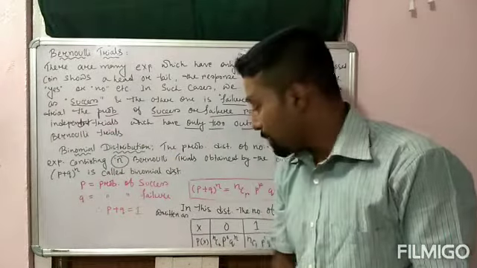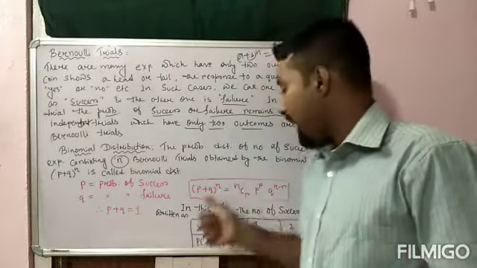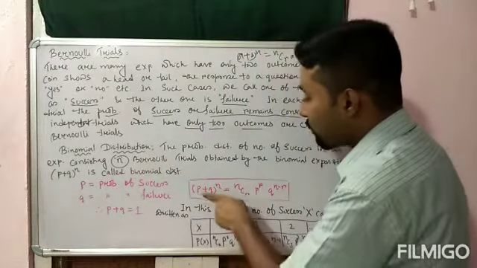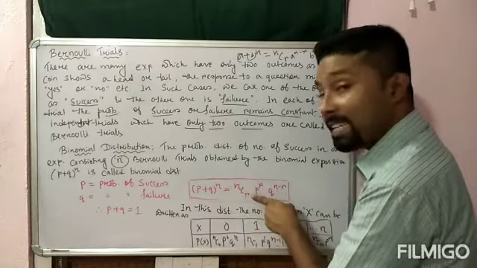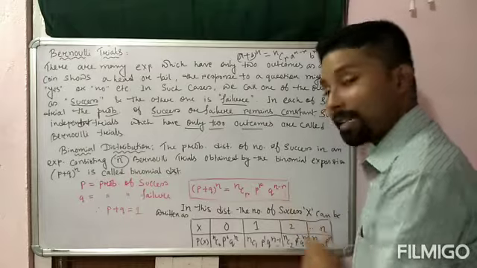The expansion formula for (p plus q) whole to the power n is nCr, p to the power r into q to the power n minus r.